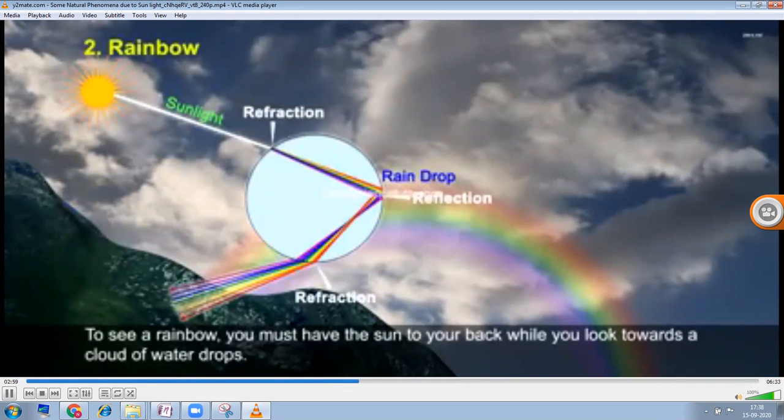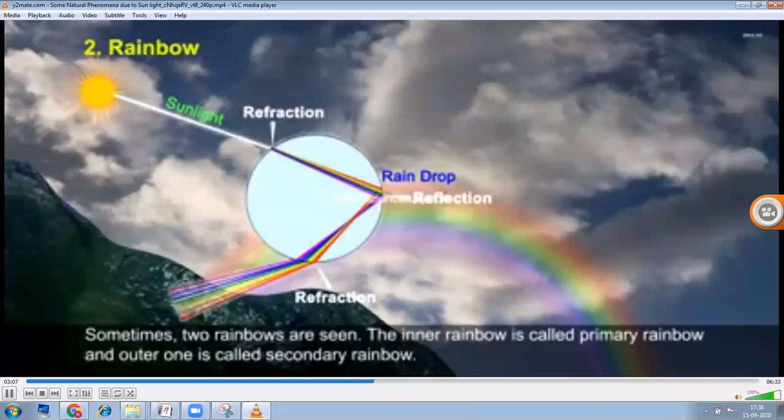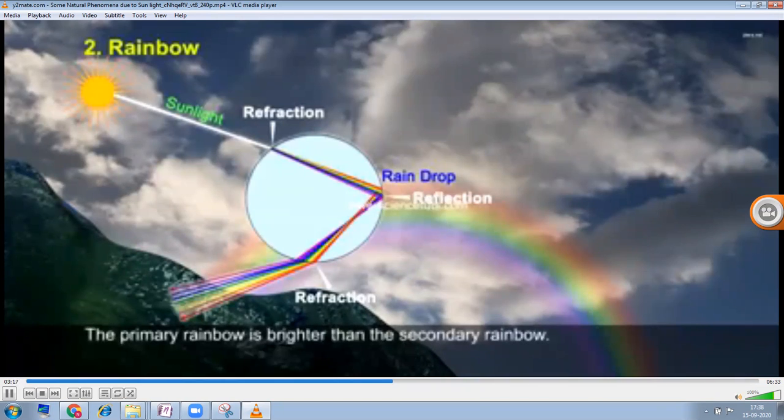To see a rainbow, you must have the sun to your back, while you look towards a cloud of water drops. Sometimes two rainbows are seen. The inner rainbow is called primary rainbow and the outer one is called secondary rainbow. The primary rainbow is brighter than the secondary rainbow.